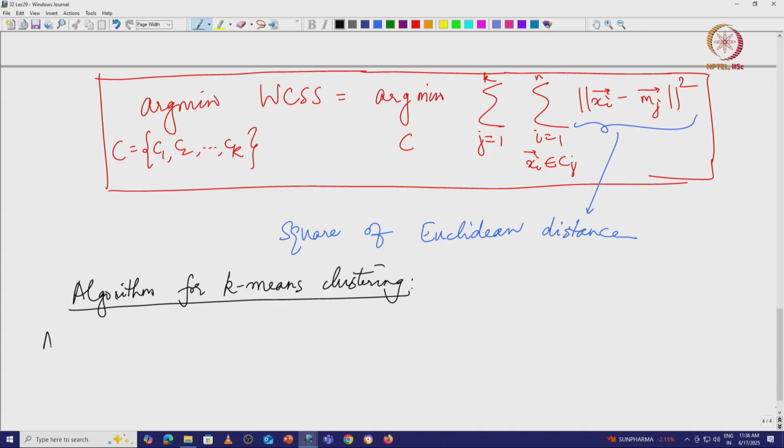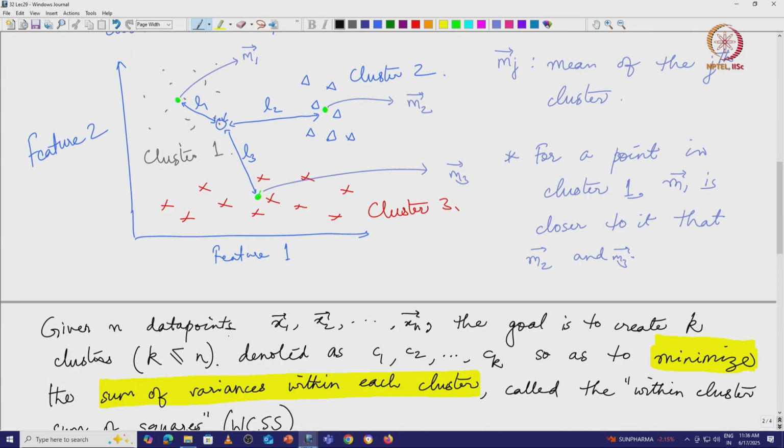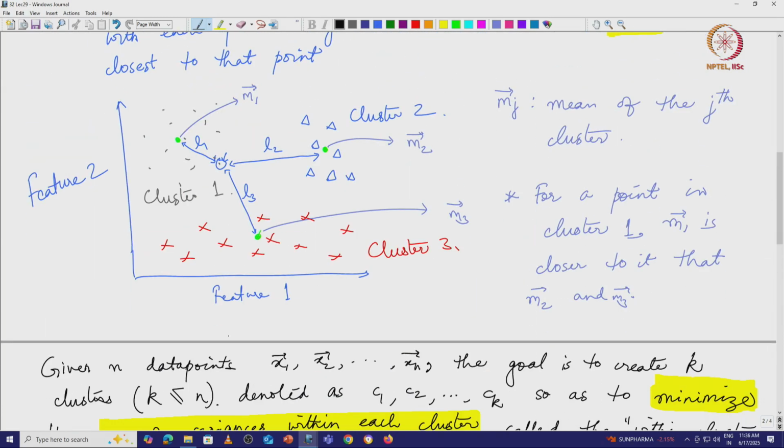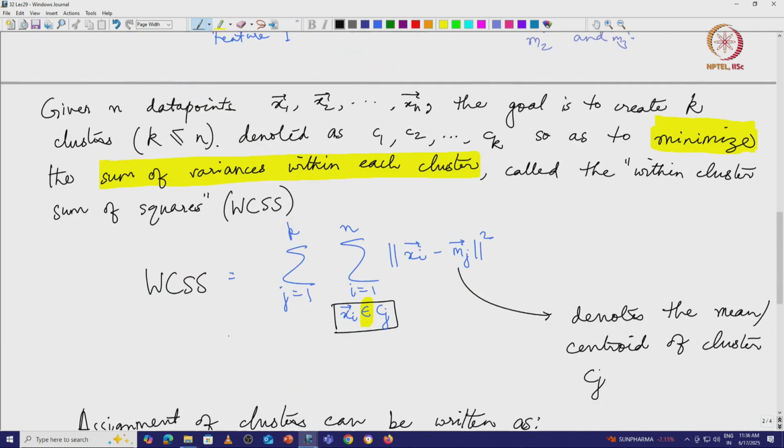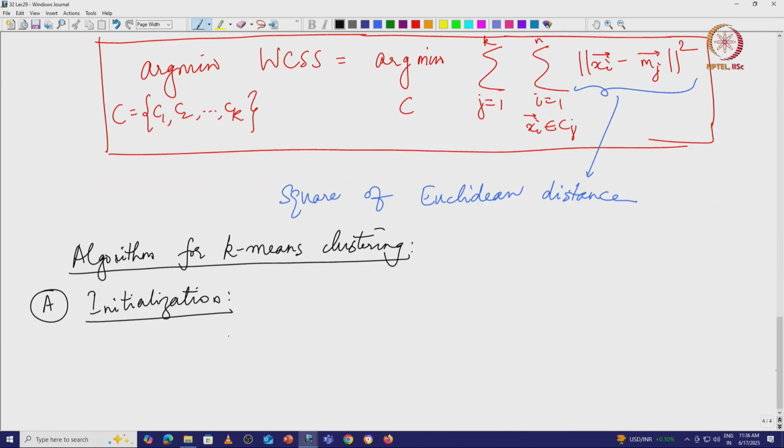The first step is the initialization of the clusters, because when you start you do not know what these clusters are, how should you take these clusters, but you know that you have to create k clusters. So, how do you create k clusters? There is one of two choices that you use.